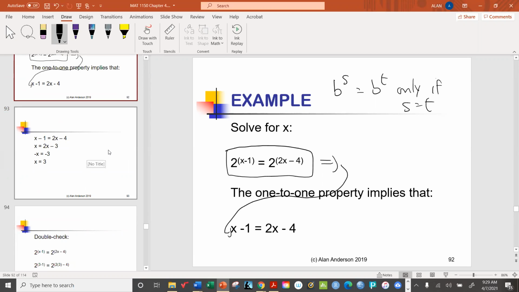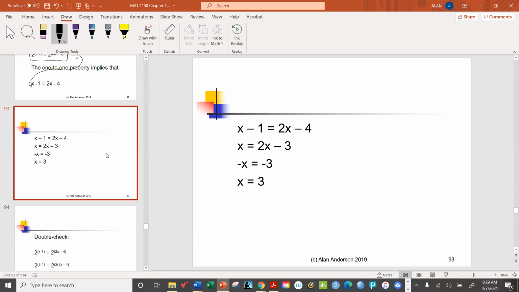Okay, so let me show you that on the next page. Oh, what a relief. So you can see here's an example of when a potentially horrendous equation can be reduced to something much simpler through the use of exponents and logarithms.